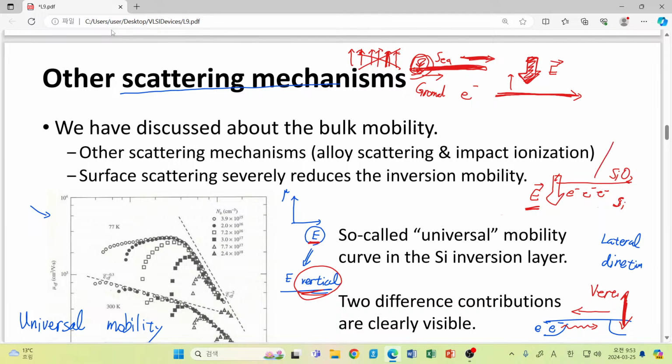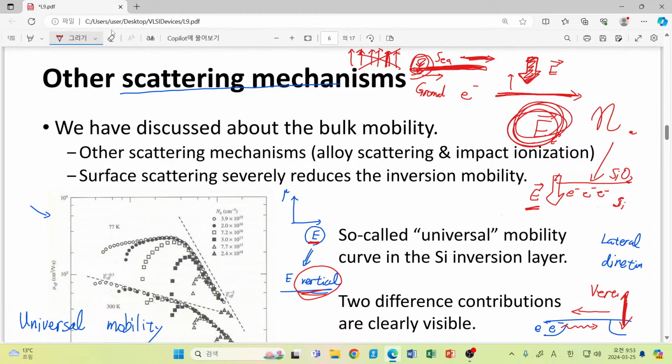If you want to get more electrons, then you have to apply a strong electric field. If you want almost no electrons, then you may apply quite a small electric field. Therefore, whenever you want to make a good electrical conduction, you need a lot of electrons. Unfortunately, you have to apply quite a strong vertical electric field.